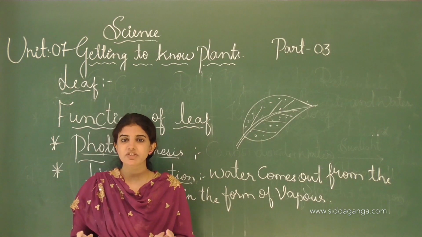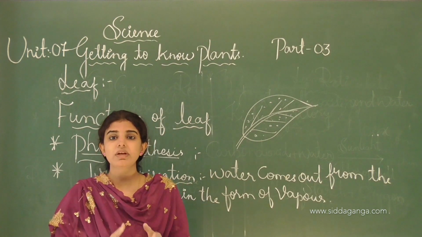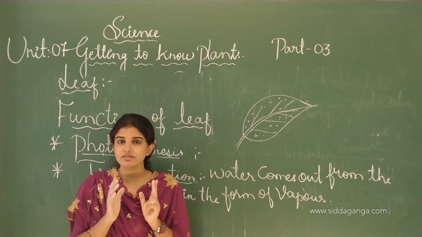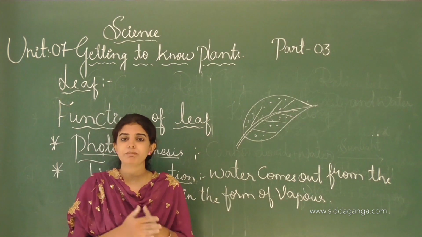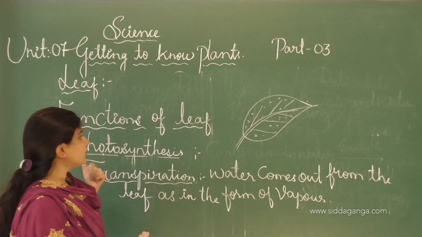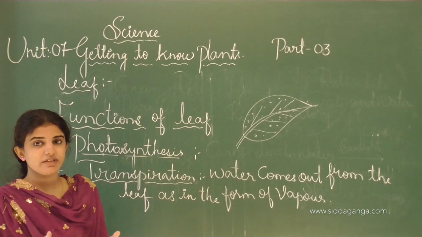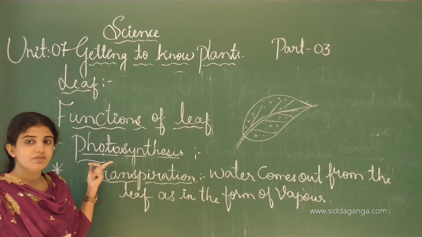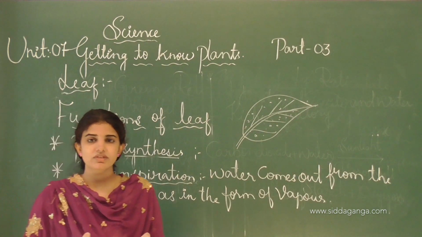Whereas in the parallel venation, the veins run parallel to each other. An example for the parallel venation is grass. And the functions of the leaf we have studied. In the function of the leaf, the first function is photosynthesis.